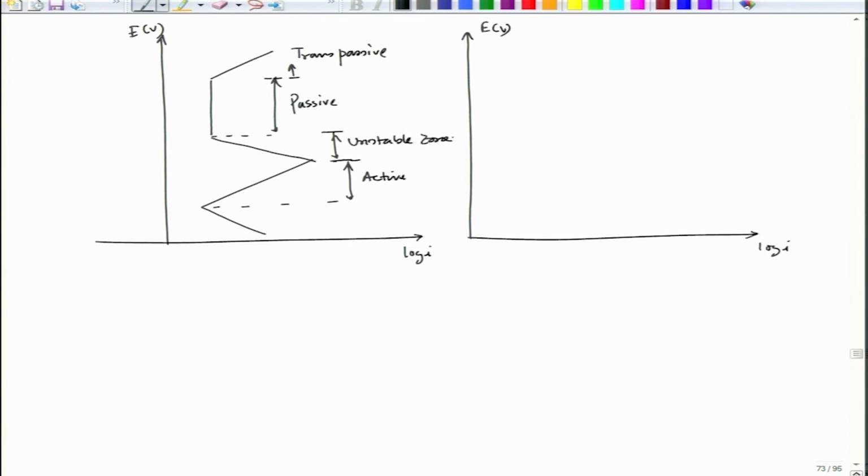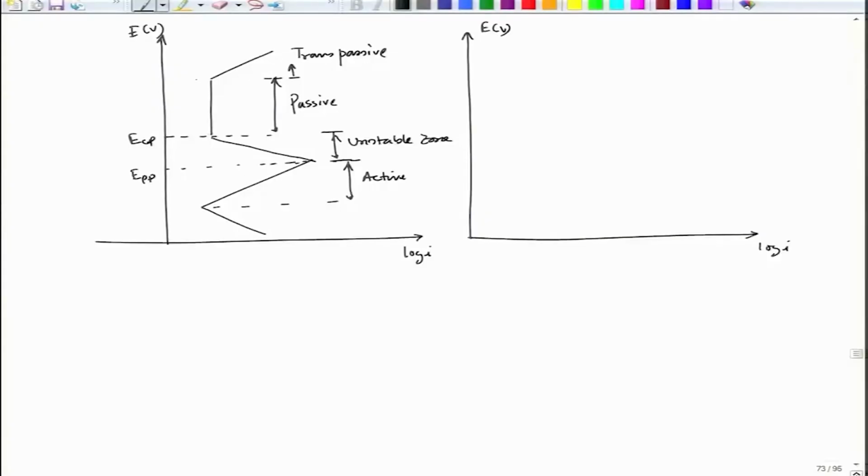Why is this the unstable zone? This gap between EPP and ECP: in this gap, the system hasn't attained the steady state yet, because we have talked about steady state in this zone, and the metal hasn't achieved that steady state. So, this zone is basically unstable.